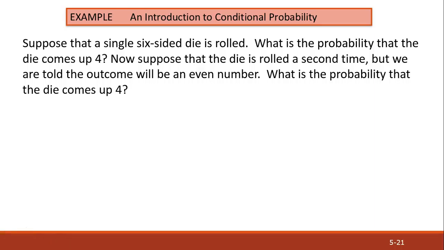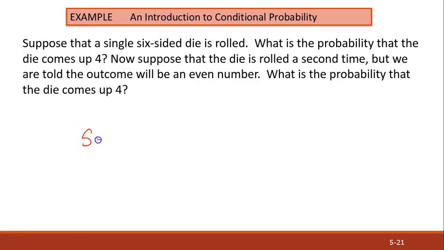Let's look at this first question. It says, suppose that a single six-sided die is rolled. What is the probability that the die comes up 4, like the number 4? For this one, how you would find the probability is just how we've done it before in class.